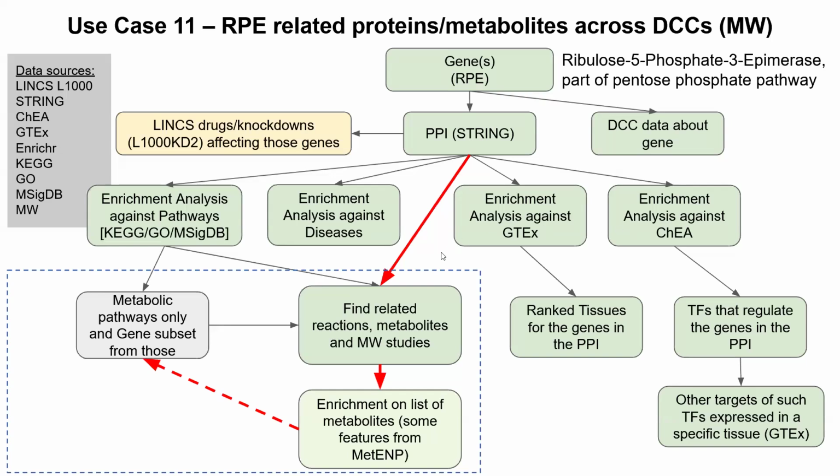We can also find for those genes what the reactions, metabolites, and studies in Metabolomics Workbench are, by using the components from the MetGene tool. And then when we have a comprehensive list of metabolites, we can use some features from the MetENP tool that I demonstrated yesterday to find what metabolic pathways are associated with that. And continuing, we can apply many other transformations to further expand this network and do further interpretation.